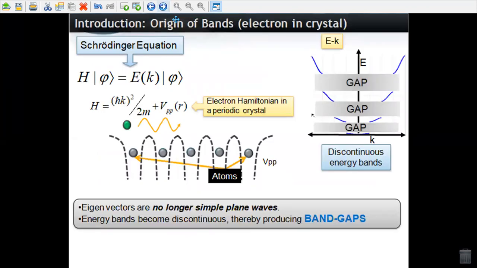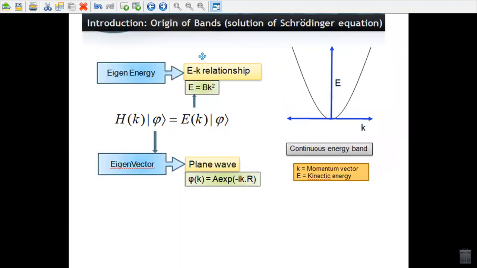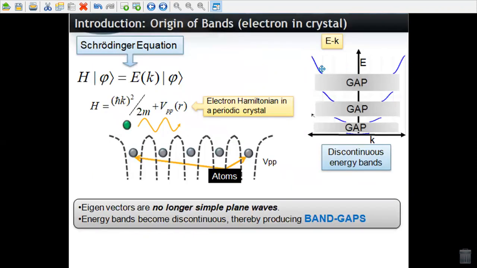So if these are modulated for electrons in crystals, then this Hamiltonian turns out to be h cut square k square by 2m plus V_p, a function of r, which is the electron Hamiltonian in the periodic lattice. And instead of the continuous plot of the parabola, this gives this kind of behavior, where these are the forbidden gaps where Bragg reflection does not apply.